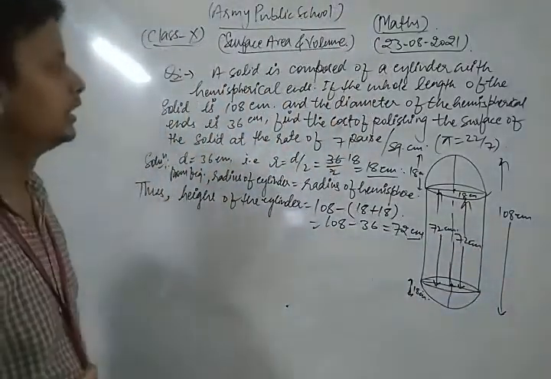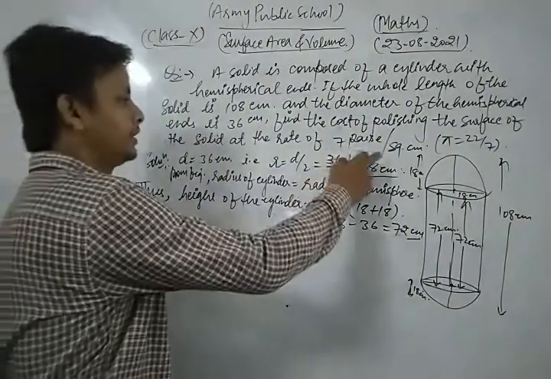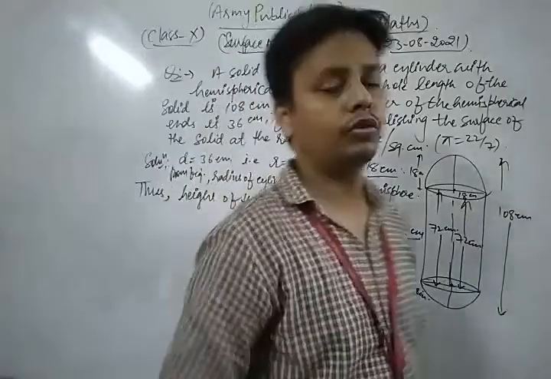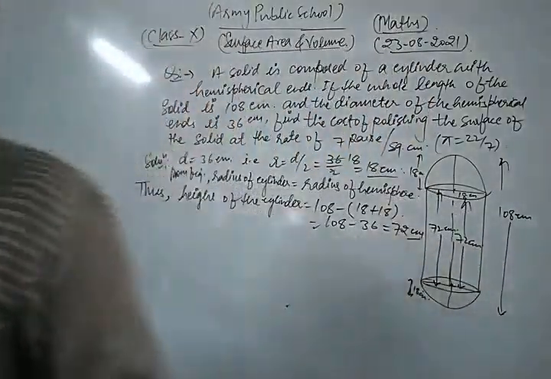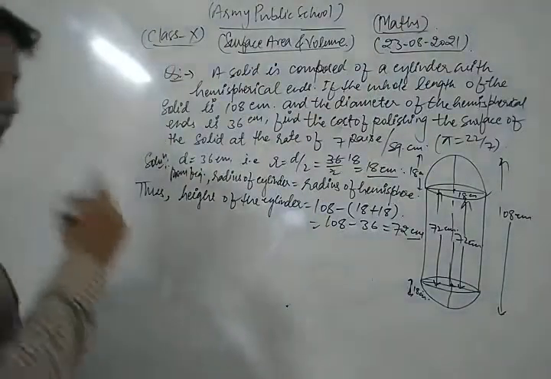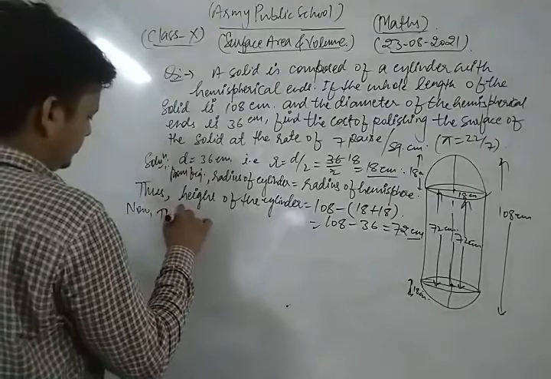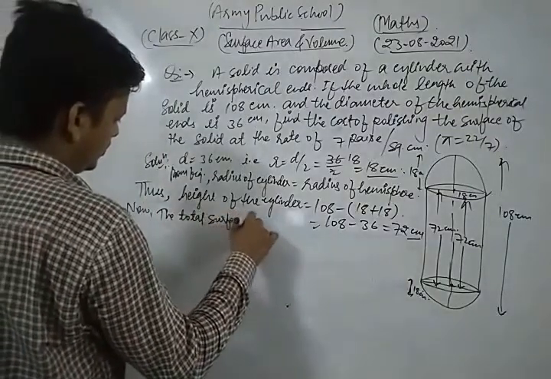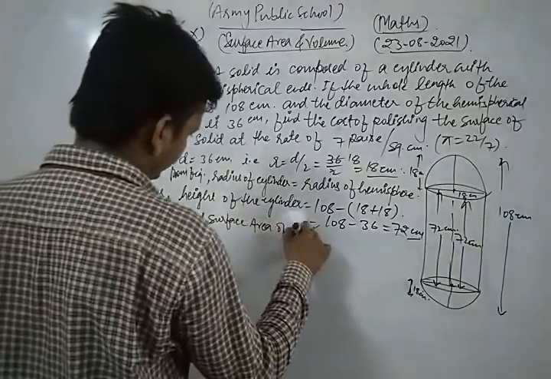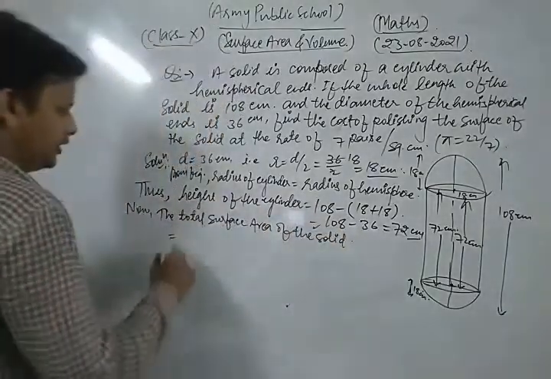Now we find the cost of polishing the surface of the solid at the rate of 7 paise per square centimeter. First of all we find the total surface area of the solid.